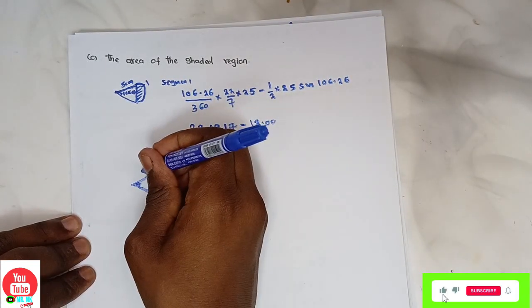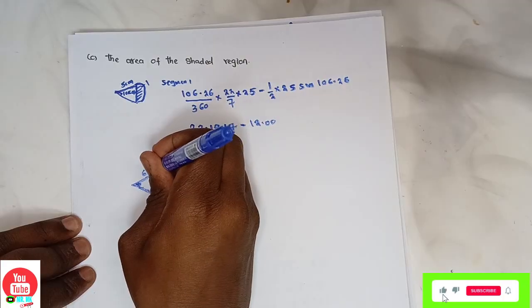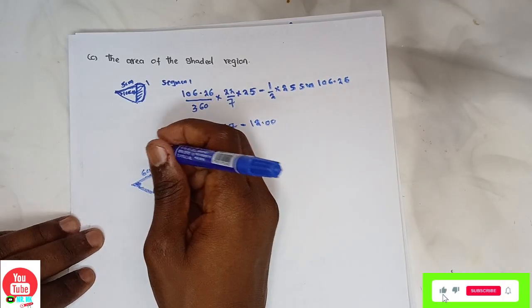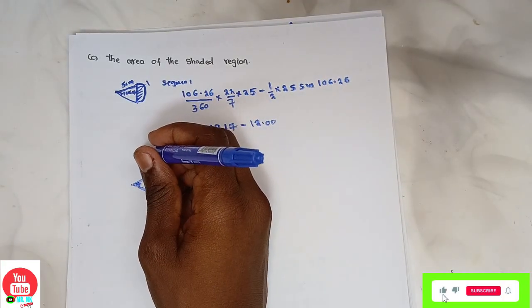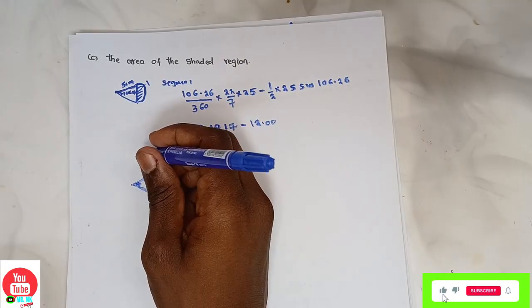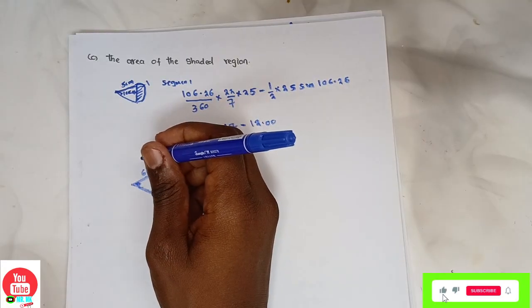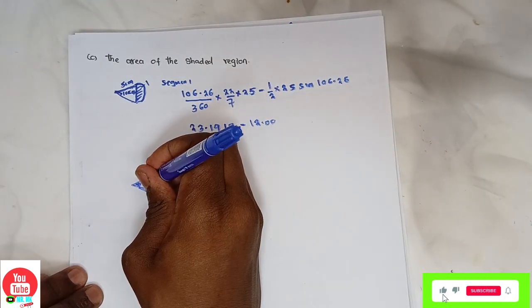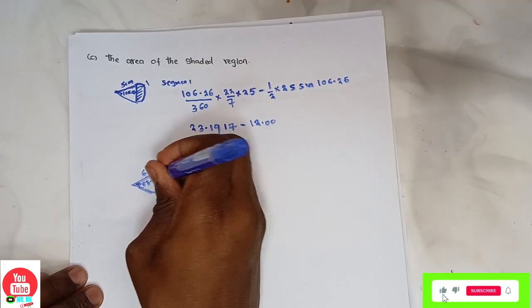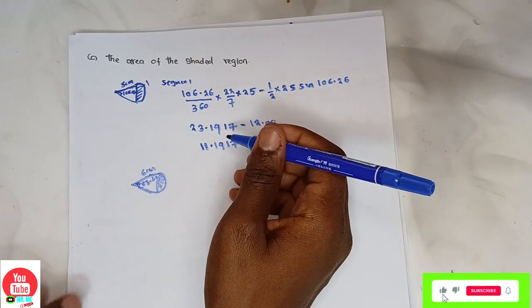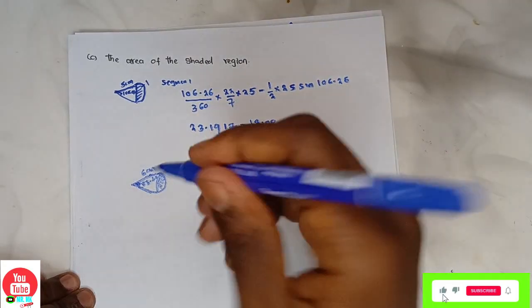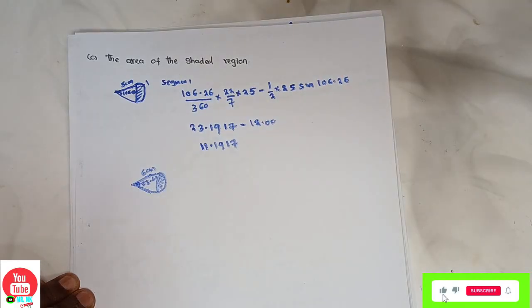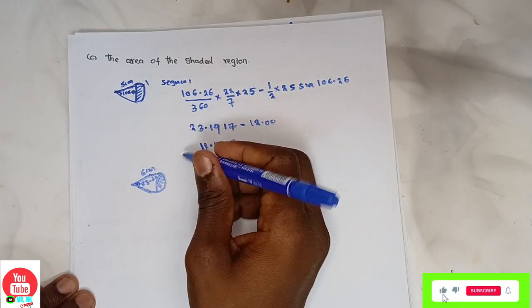Let's say here we have 6 centimeters, and the angle in between we have 83.62.